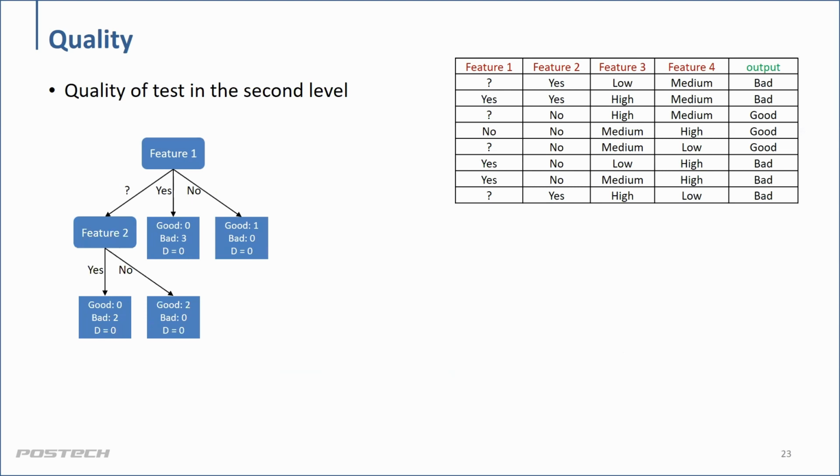So instead of just counting the data points that are classified by features, we're going to use the concept of disorder, or the quality of the test, as the metric to pick which features to use in the decision tree process.